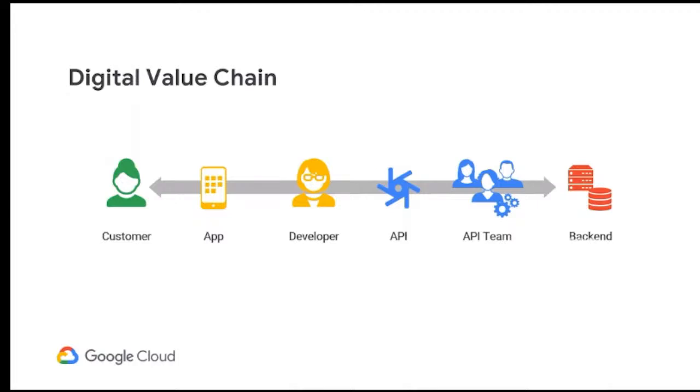That is what we mean by connected experience. It does not take a lot of time or a few minutes. Once you update from one channel, you will see it instantly reflected on the other channel. That is what we mean by a digital value chain or connected experience.